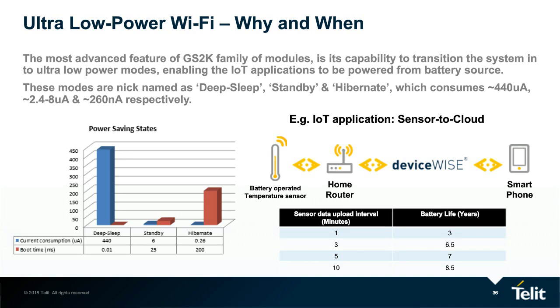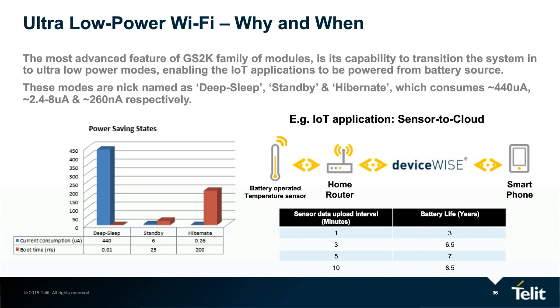So now to give you a perspective of a real world use case, which demands the Wi-Fi device to check the data availability from the cloud server every second or every minute, the ultra low power offering from Telit saves approximately 97% of the power compared to a power saving scheme defined by the IEEE. You can see on the right side there is a sensor to cloud use case defined, and in the table there is a data interval of 1, 3, 5, and 10 minutes.